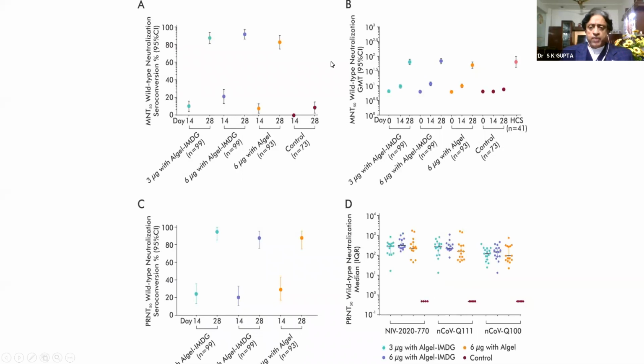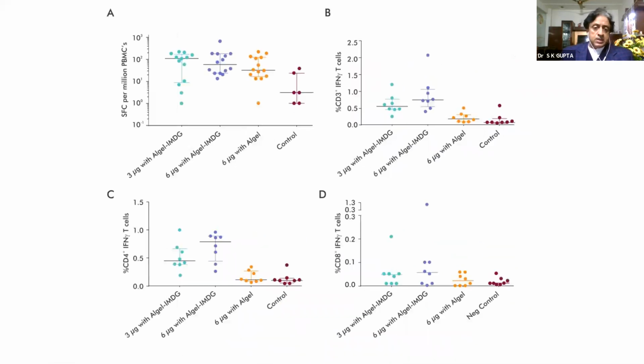A good amount of antibodies, even neutralizing antibodies, have been produced by the small dose as well as the large dose when the adjuvant Algel-IMDG is given along with the inactivated virus. And this is the data regarding CD4 cells and CD8 cells. We have been able to demonstrate long-term memory in the form of T cell response, and there has been a good T cell response.